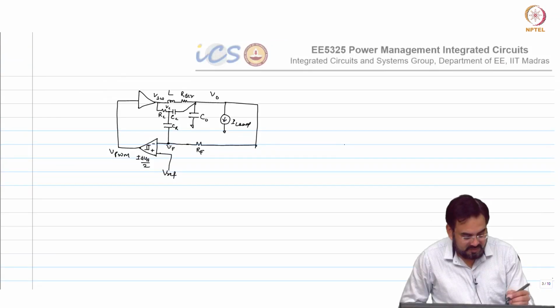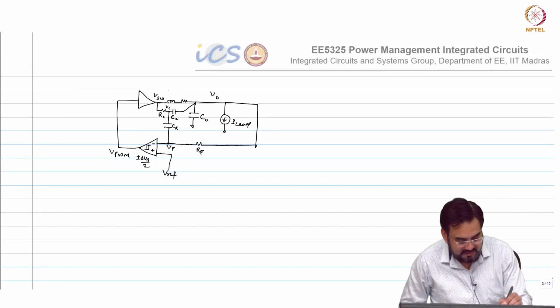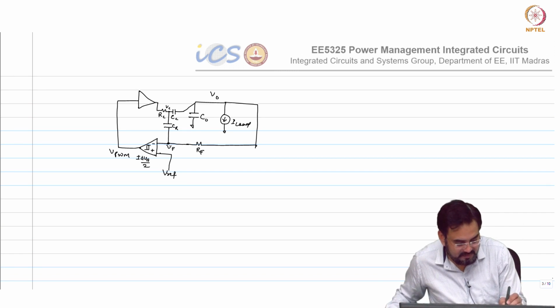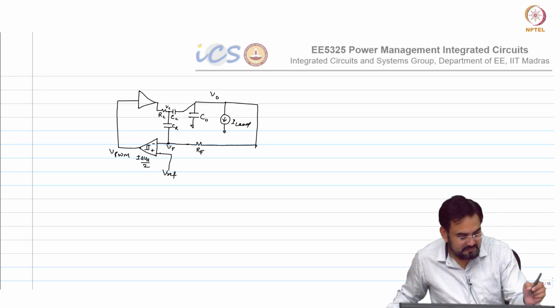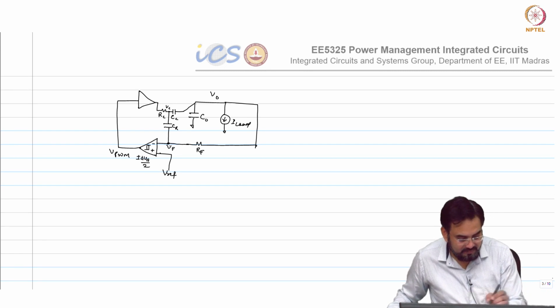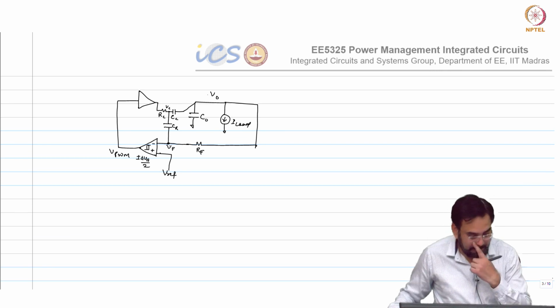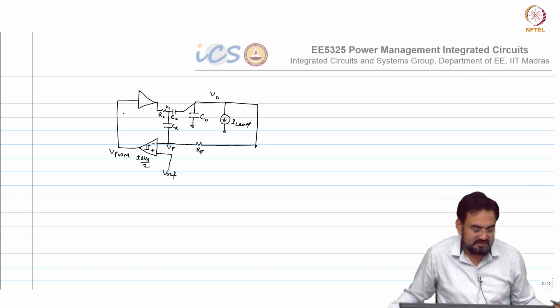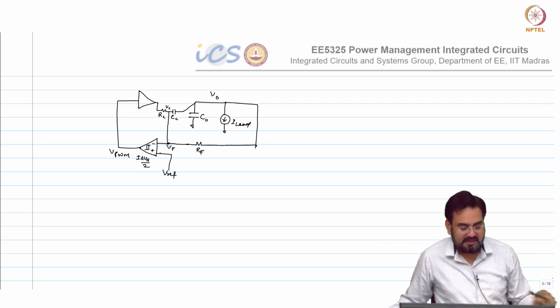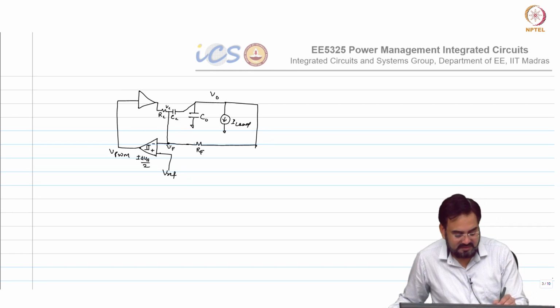Okay. So, if I remove this inductor, in terms of this current loop, let us put this directly and remove this also.